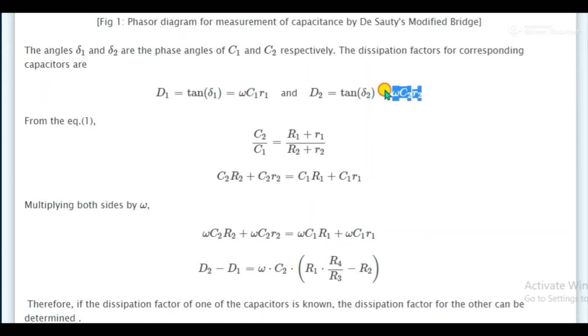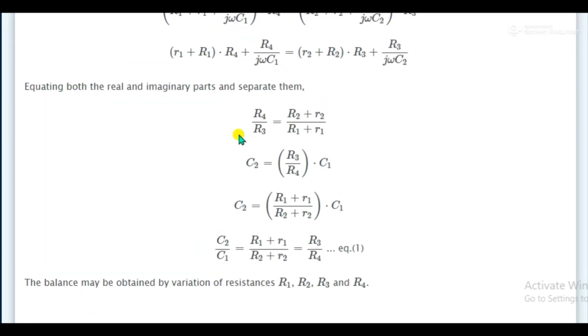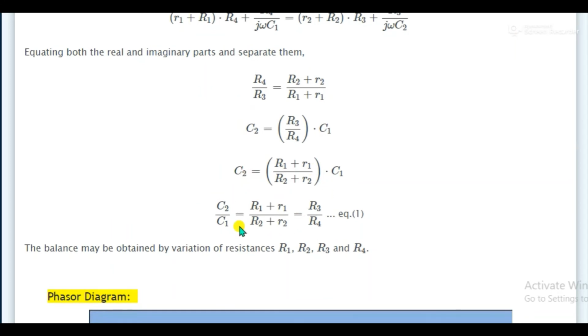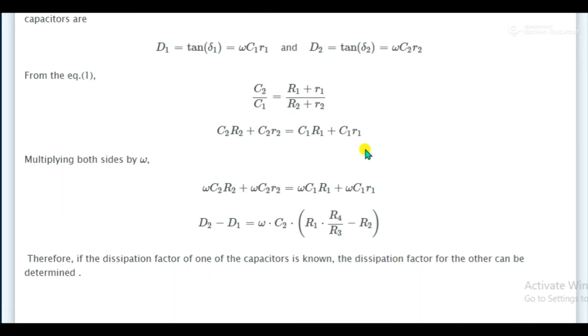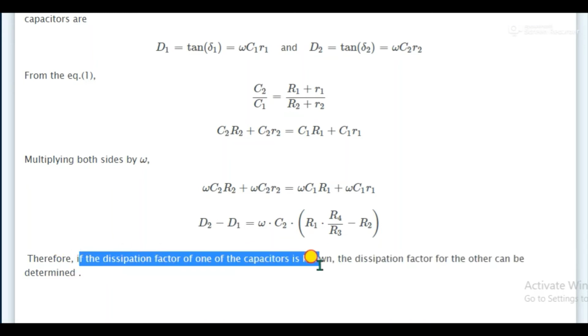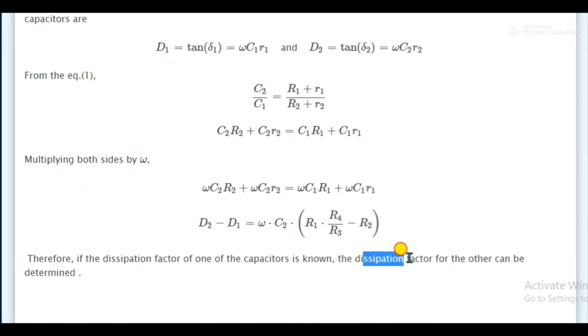Similarly for D2, again you know this equation, we found it earlier. Then we multiply omega on both sides and find the difference, and this is the equation you can keep in your mind. Therefore, if the dissipation factor of one capacitor is known, the dissipation factor of the other can be determined from this formula. Is it easy?